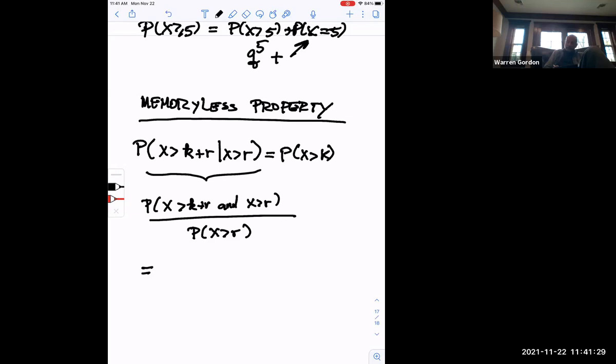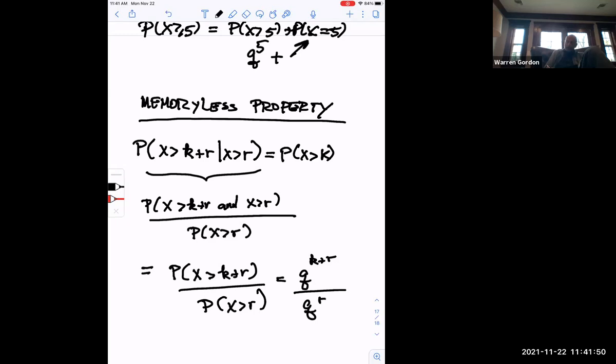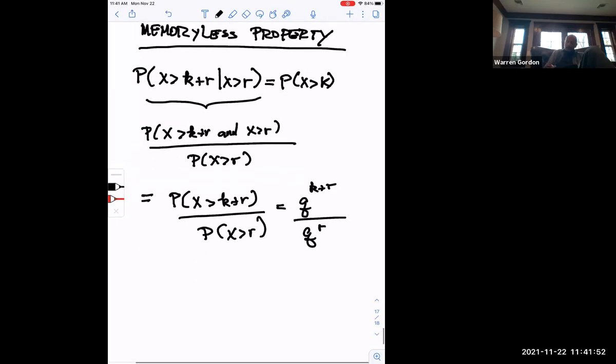Well, this is just equal to the probability that x is greater than k plus r over the probability that x is greater than r. This is q to the k plus r power. This is q to the r power. And using my laws of exponents, this gives me q to the k, which is the right-hand side.